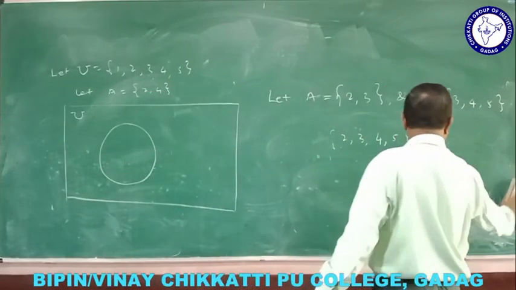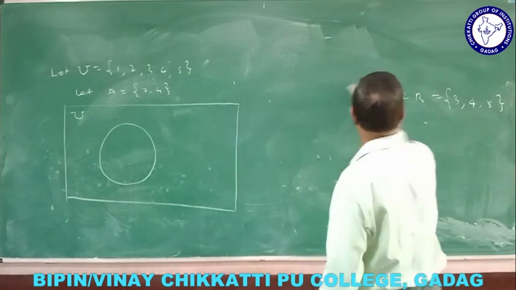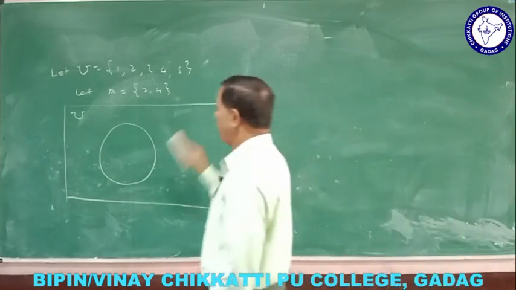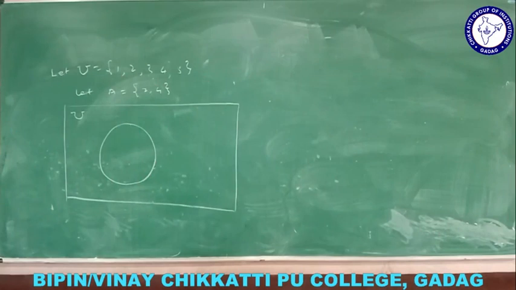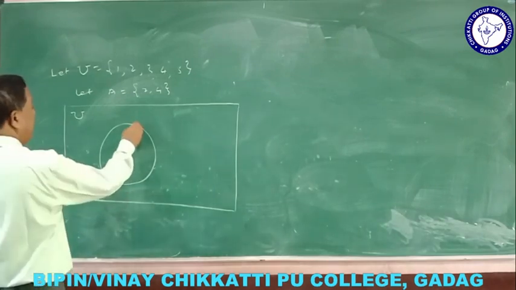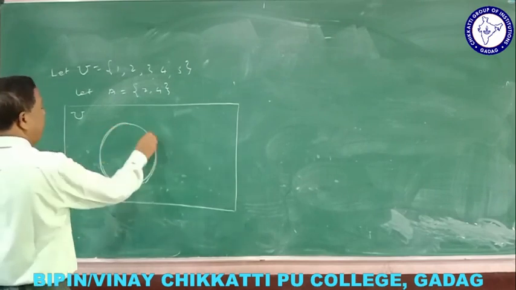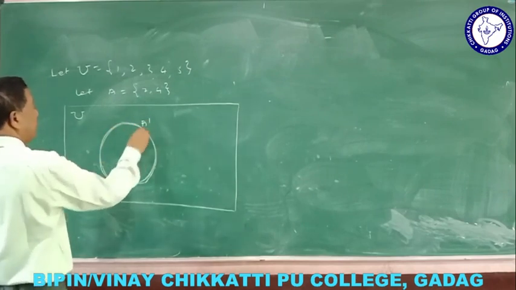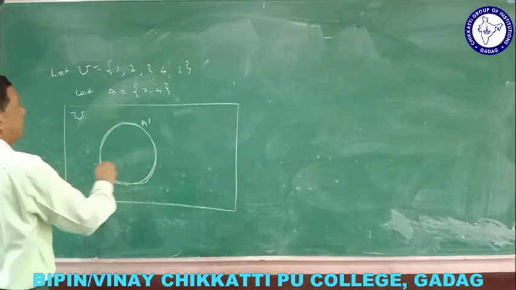Generally, A complementation means the elements that belong to U but do not belong to A. So when you see A complementation, A is {2, 4}, and the A complementation, that is A dash, cannot contain 2 or 4.